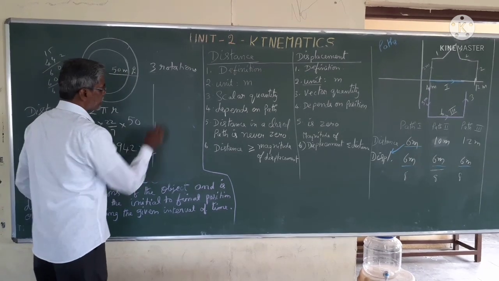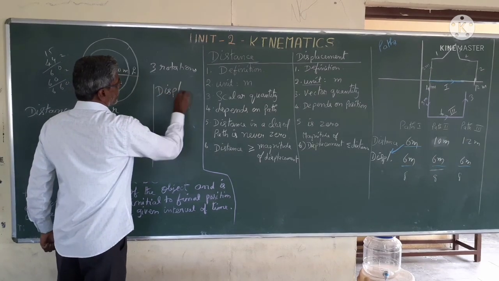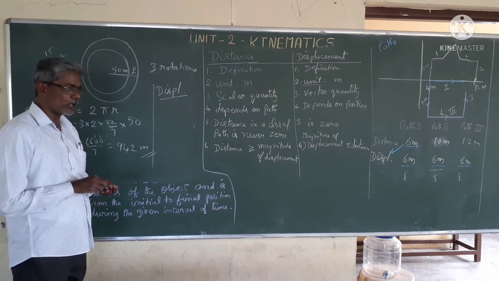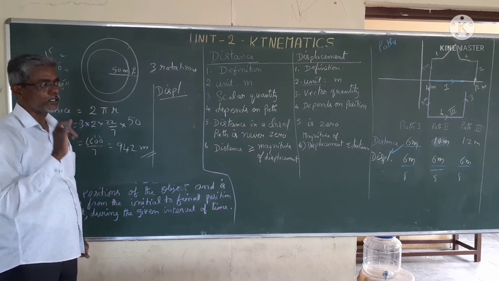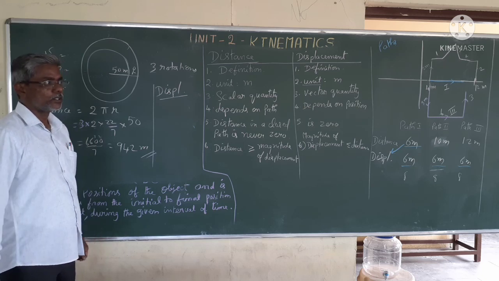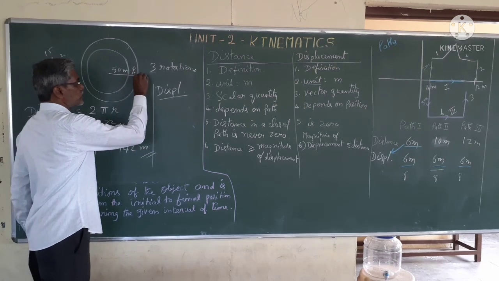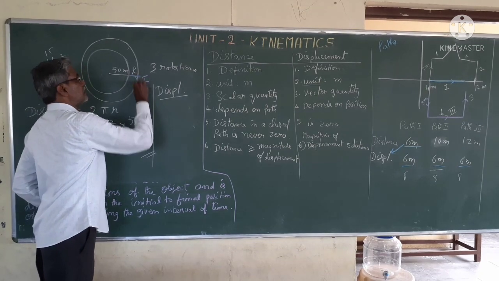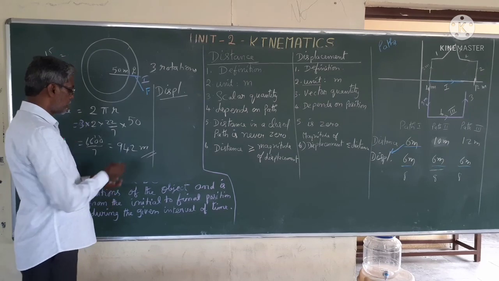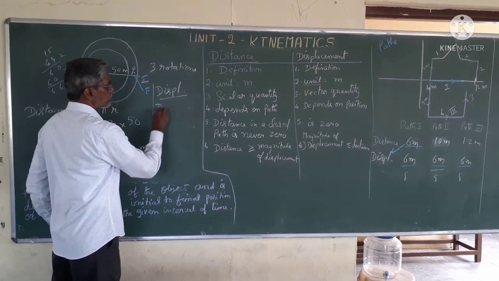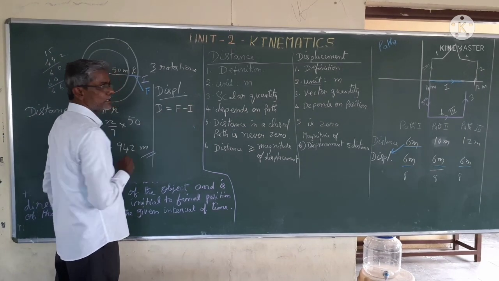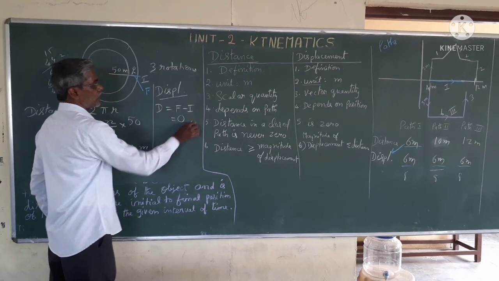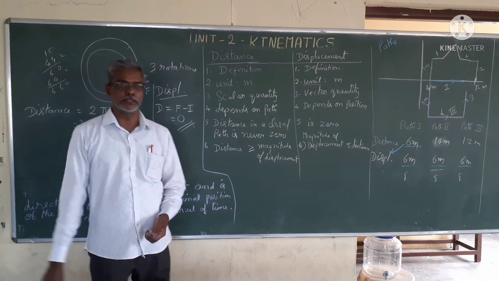Now what will be the displacement? For displacement, if I want to find out, I should know the initial position as well as the final position. This one is the initial position. Where will be the final position? The same place. What's the formula for displacement? Final position minus initial position. So final position is 0, initial position is also 0. Therefore, the displacement is 0.